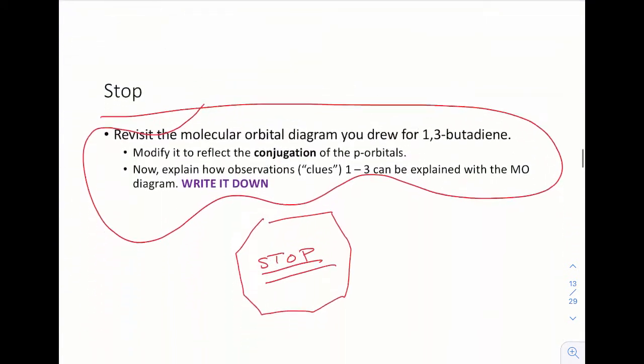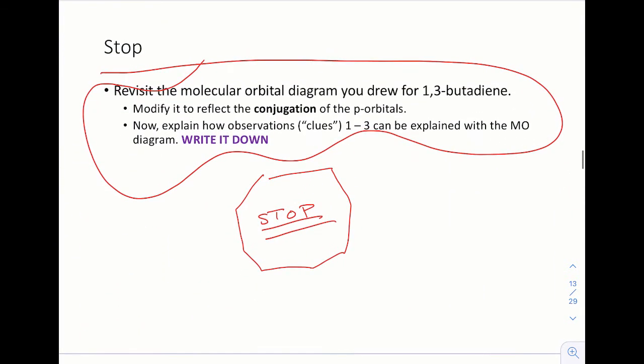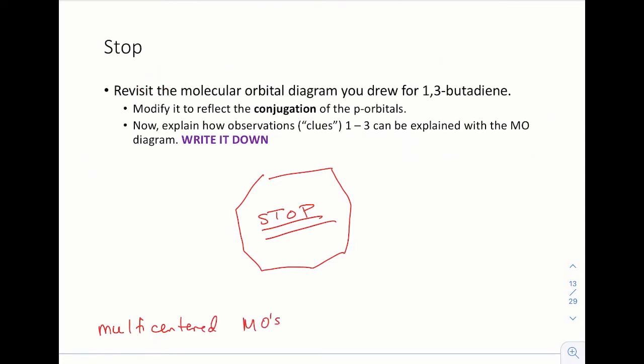So stop, revise what you drew, write down what you now understand about conjugation of p orbitals and multi-centered pi orbitals, multi-centered molecular orbitals, and write down how those clues 1 through 3 can be explained by the MO diagram. Okay, stop, do this. It's very important for your learning.